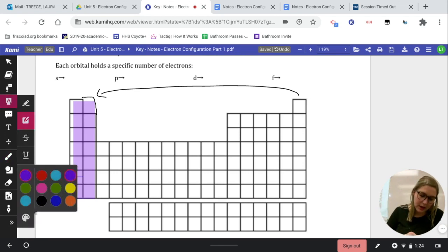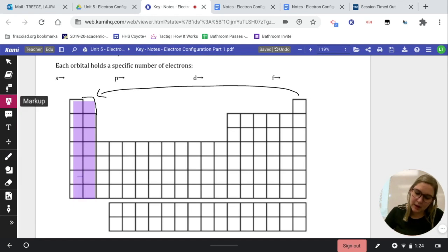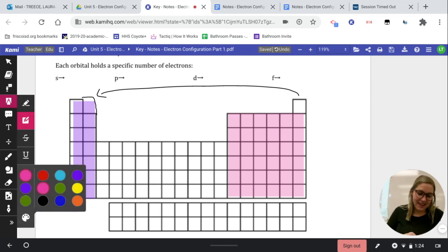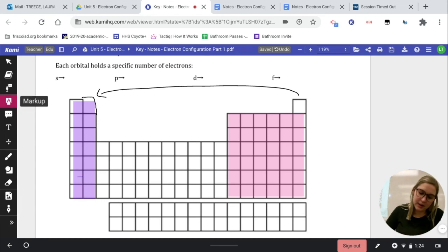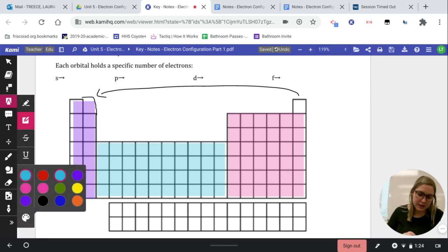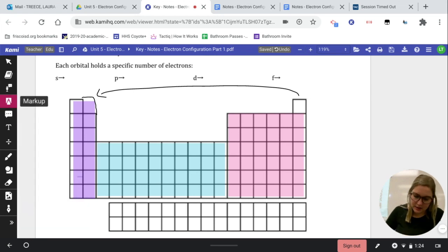And then my P block is over here. I know my drawings are not perfect. My D block is in the center. And last but not least, my F block is the lanthanides and the actinides down there at the bottom.